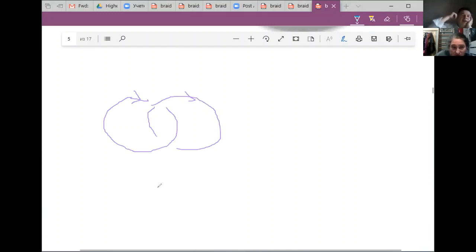Let us consider the Hopf link, and let us take this orientation and this orientation, and let us calculate the linking number of these two circles.